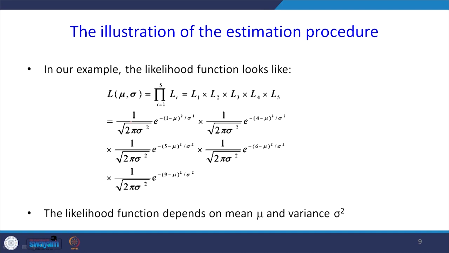We know that the probability density function of normal distribution is 1 divided by root of 2 pi sigma square, e to the power minus (1 minus mu) whole square divided by sigma square, multiplied by 1 divided by root of 2 pi sigma square, e to the power minus (4 minus mu) whole square divided by sigma square, and so on up to all the data. The last one will be e to the power minus (9 minus mu) whole square divided by sigma square.